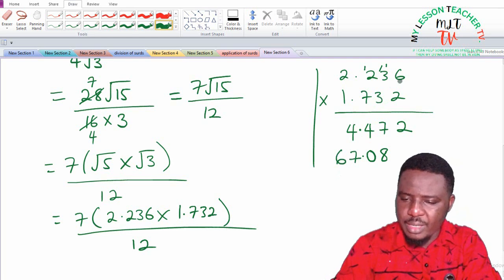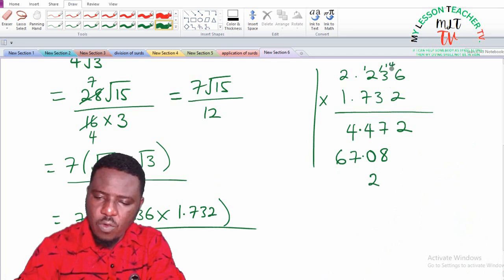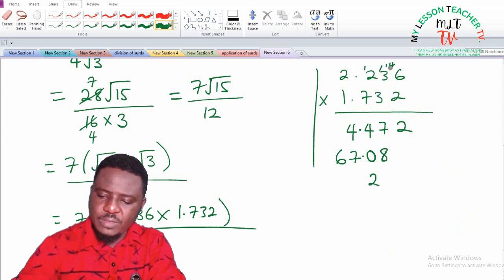7 times 6 is 42. I'll write down 2 and carry 4. 7 times 3 is 21. 21 plus 4 is 25.